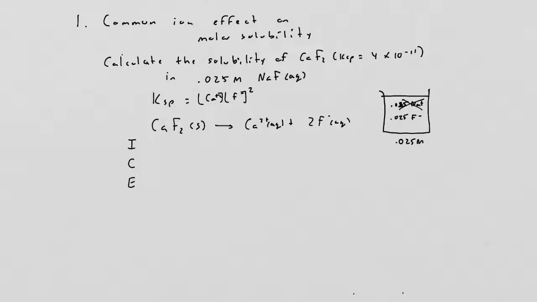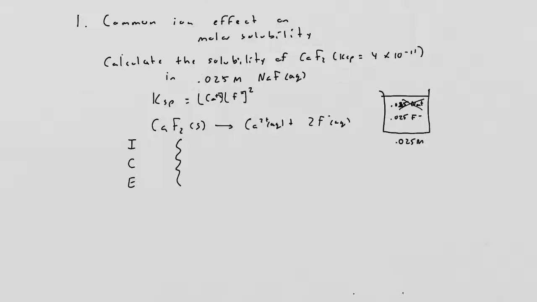So we've got our two equations, and now I've got an ice table. Again, unless they ask me how much of it is going to dissolve, you could determine how much solid calcium fluoride will dissolve if they ask you that question, as long as you know how many moles of calcium ions you get in a particular situation. But they're not going to involve any of the equilibrium calculations. So in the ice table, I'm just going to X this one out.